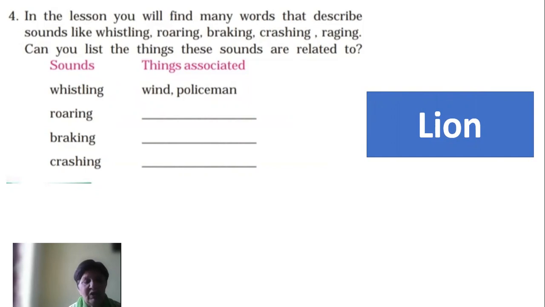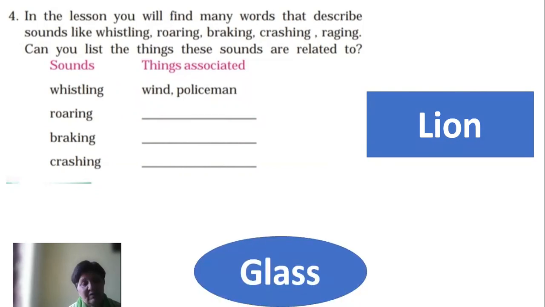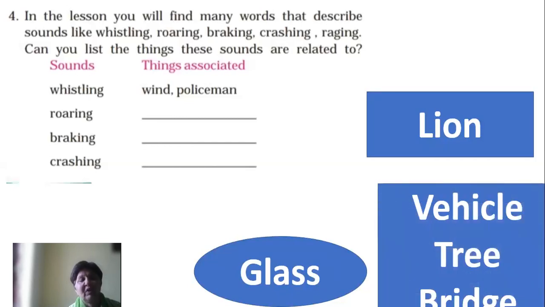Then breaking. What is breaking? Glass. The sound is known as breaking. And then crashing. Vehicles crash, trees, bridge. Crashing means coming down, isn't it? So vehicle, tree, bridge, all these things crash. They come down. Tree crashes down. Bridge crashes down. Vehicles crash down.